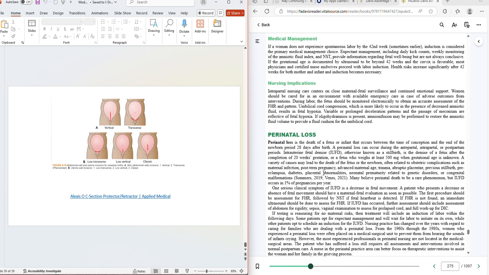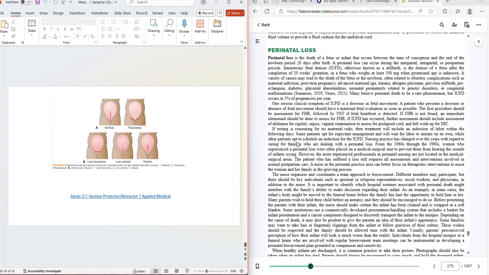It's when a neonatal death occurs. Stillbirth is after 20 weeks. Spontaneous abortion is before 20 weeks. Okay, so just know that term. Fetal demise is what we call it. And that is the end of Chapter 8 and the end of Module 2.